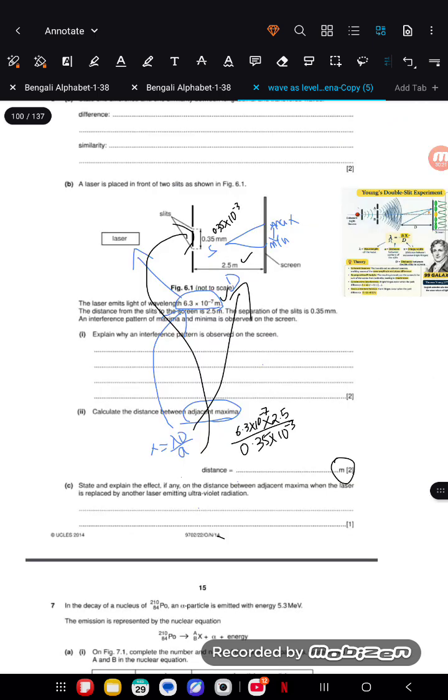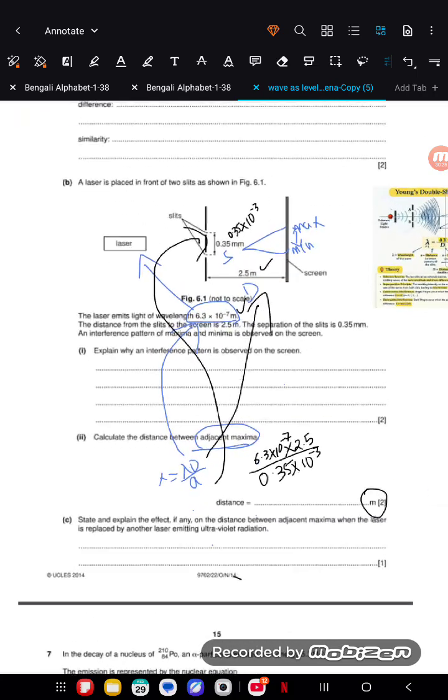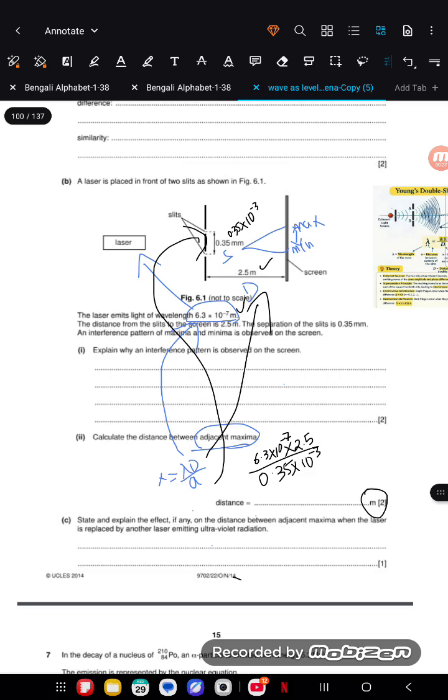So this is October 2014, question number 6. Here also they are saying to find x, the distance between adjacent maxima. They are saying to find the distance between two fringes.